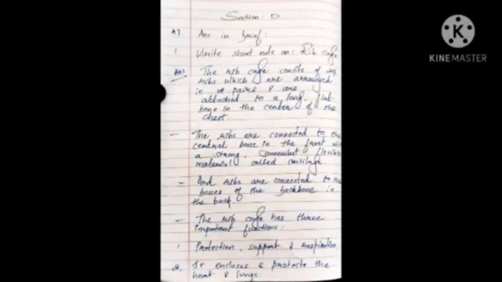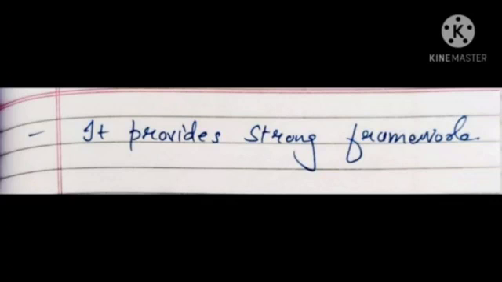And ribs are connected to the bones of the backbone in the back. The rib cage has three important functions: protection, support, and respiration. It encloses and protects the heart and lungs. And it provides a strong framework.